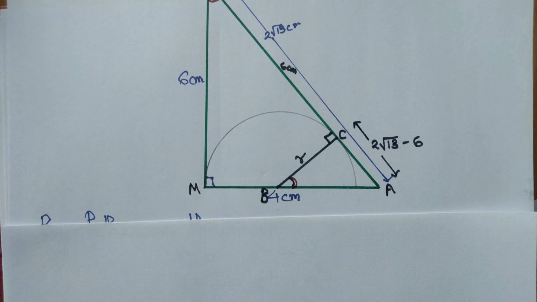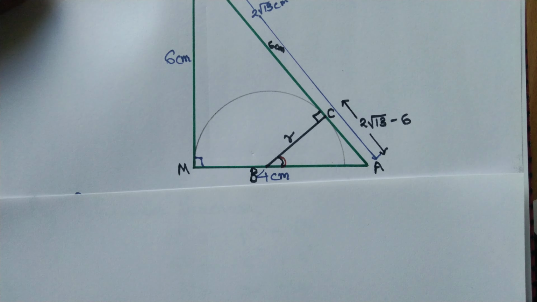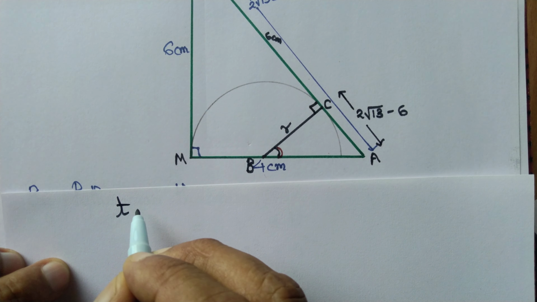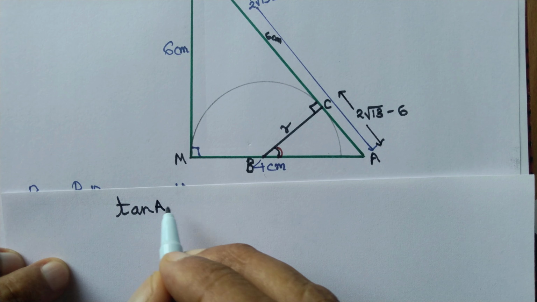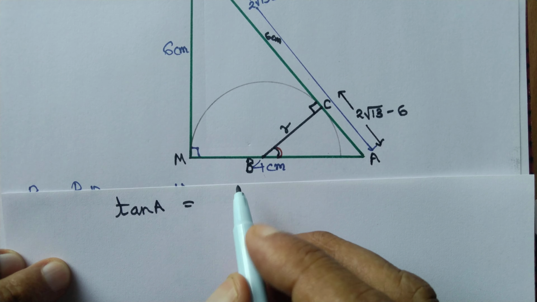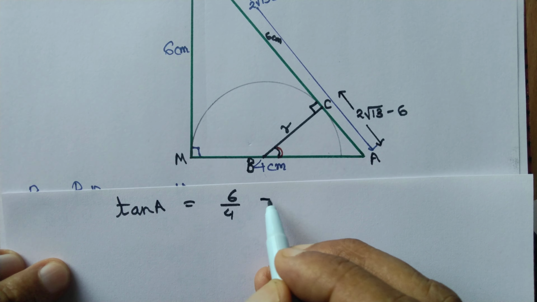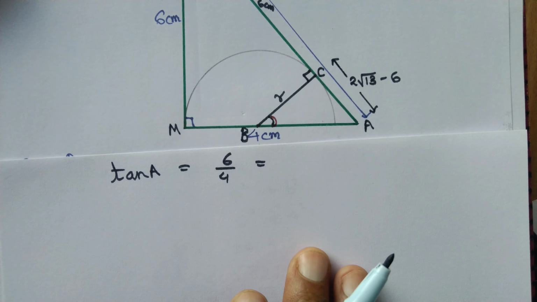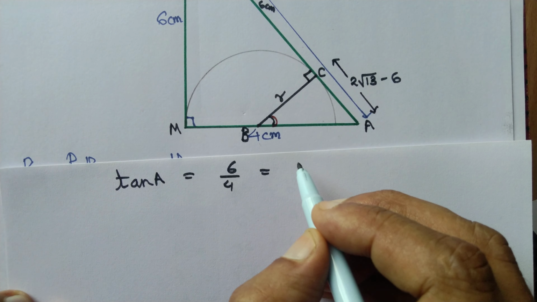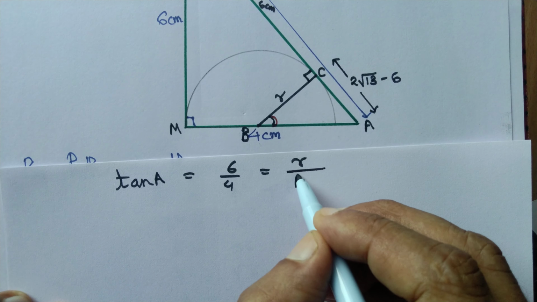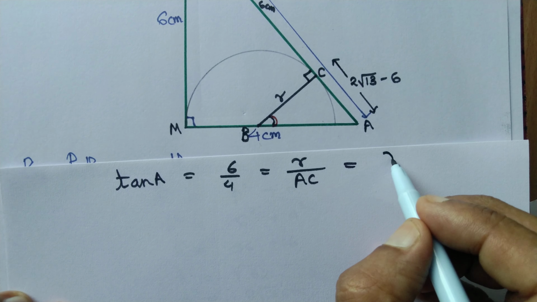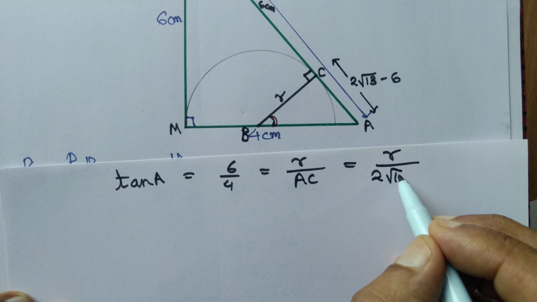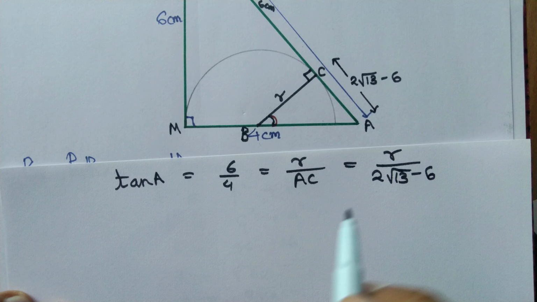An obvious question is, can we avoid similar triangle? The answer is yes, if we know trigonometry. Observe that tan of A equal to 6 by 4. And tan of A is also equal to r by AC, and AC is known to be 2 root 13 minus 6.